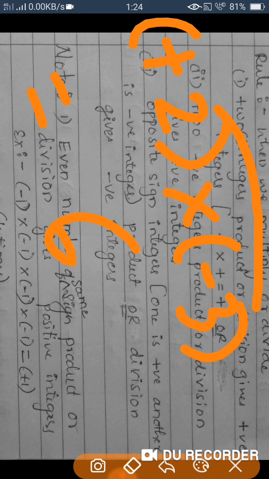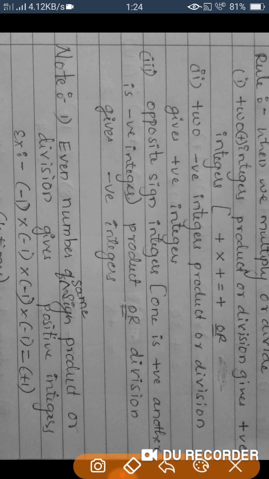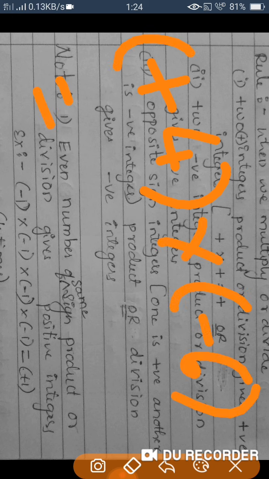Then one is positive and one is negative, so directly go for the negative sign. Take the example of positive 4 and negative 6. 4 sixes are 24.